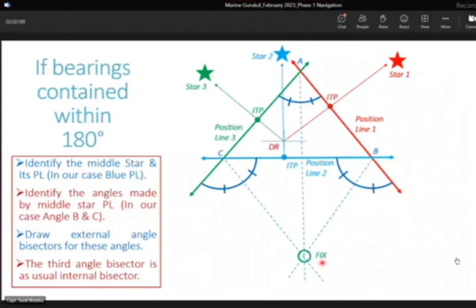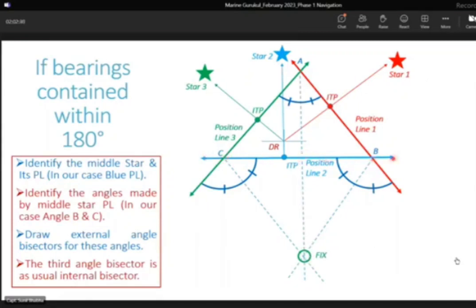Important thing to see here is that the fix in this case will always be outside the triangle or outside the cocked hat. In the first scenario, where the bearings were not contained within 180, the fix was inside the triangle or inside the cocked hat. But in this particular case, where the bearings are contained within 180 degrees, the fix of the ship will be outside the cocked hat or outside the triangle, and it will always be towards the direction of the middle position line.